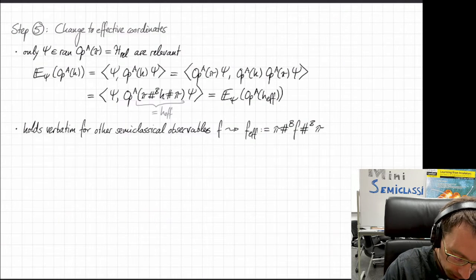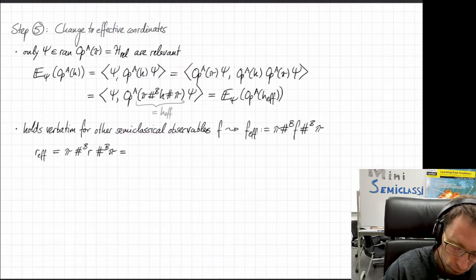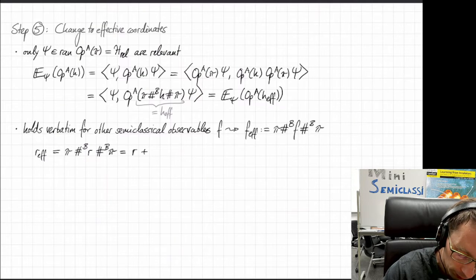So this leads to R effective, which is pi while r while pi. And if you compute it, the first term is just r, okay, that's the boring guy, plus epsilon times A of k, which is the Berry connection, not the curvature.